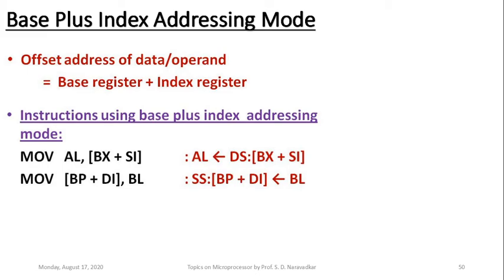The first example, MOV AL, [BX+SI]. Now in this case, data which is to be read from this memory location, which is given by offset BX plus SI, is 8 bits of data which is to be ultimately copied to the AL register, which is shown on the right side.